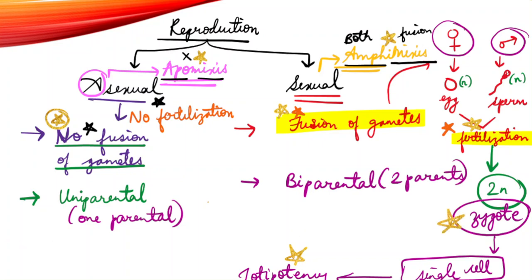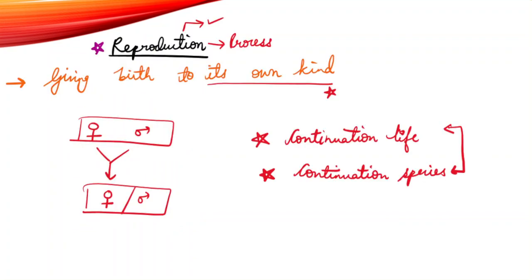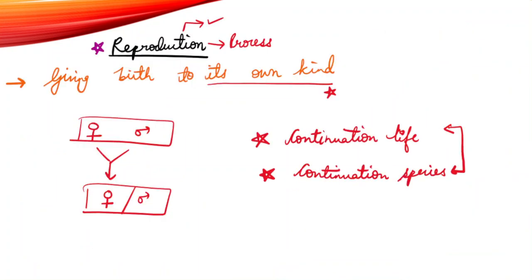Okay, let's move forward. So this was about the types of reproduction. In asexual reproduction, there is no variation, but in sexual reproduction there is variation.